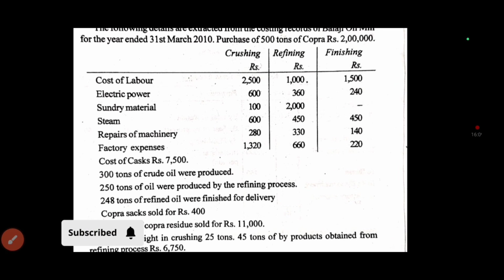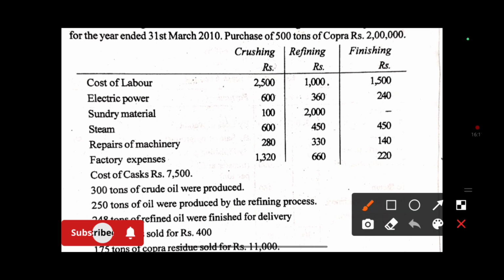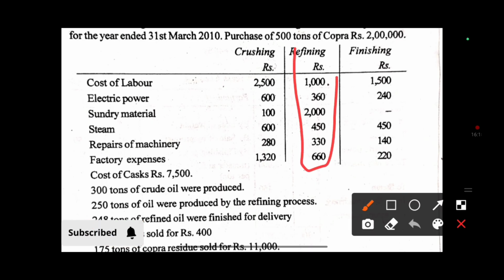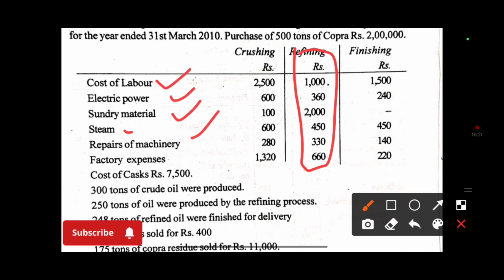Then let's come to the question. What are the input items we have? The input costs belonging to the refining process are to be entered on the refining process account, which means the cost of labor, electric power, sundry materials, steam, repairs of machinery, and factory expenses.